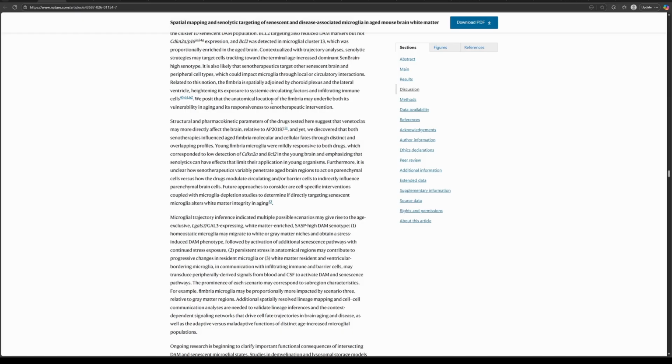So there is a potential area here they could target where they could place these senolytics next to the fimbria and have it circulate throughout the body and have it infiltrate these microglia in the fimbria, as a type of therapy that would potentially reduce all of this senescence.